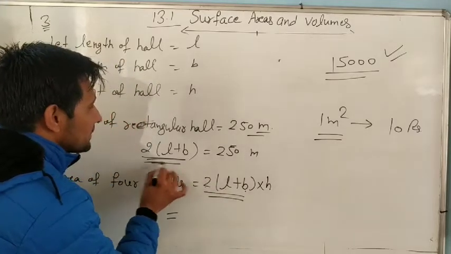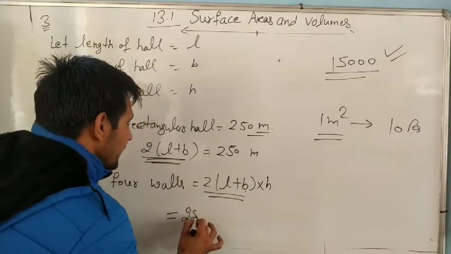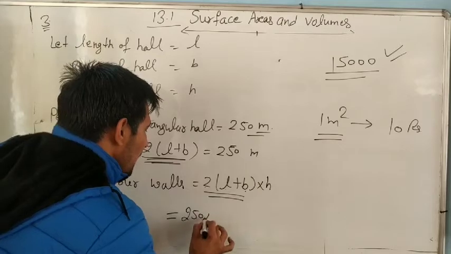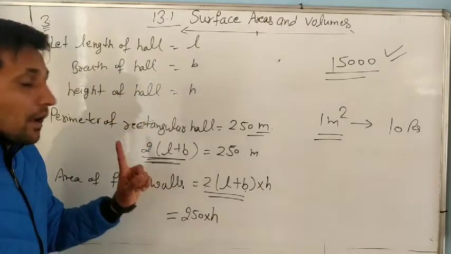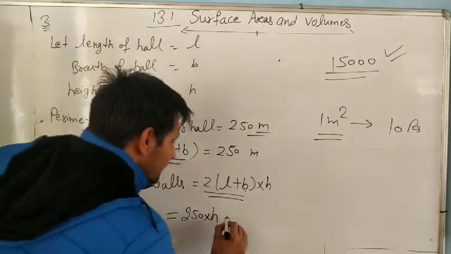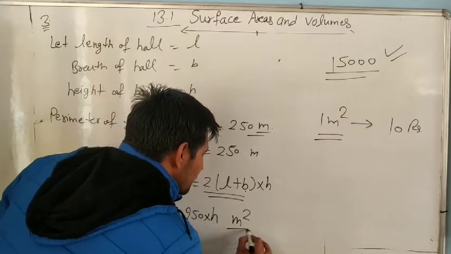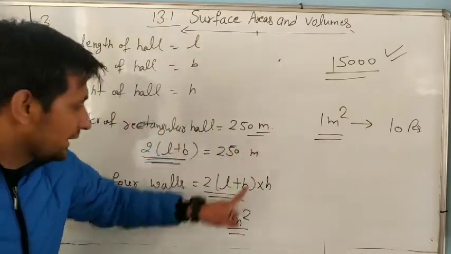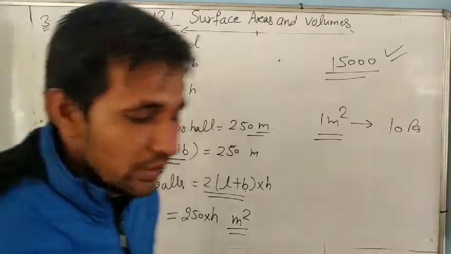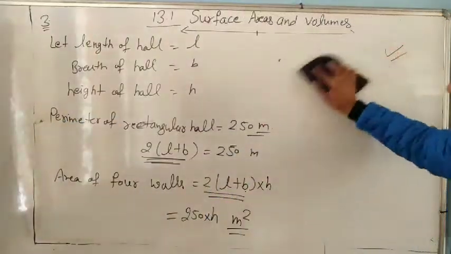It is 250. So the area is 250 into H. Area is always in meter square, because the perimeter is given in meters.